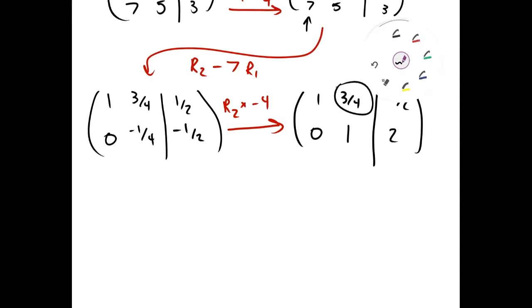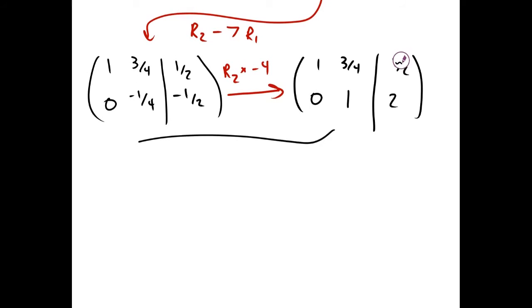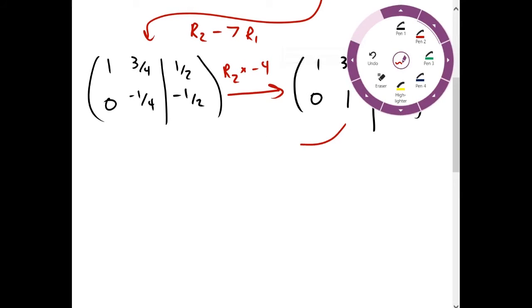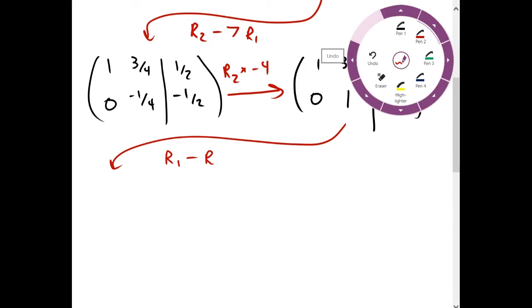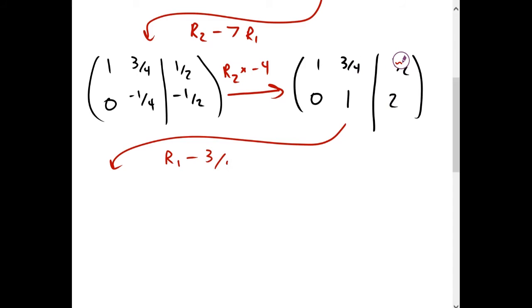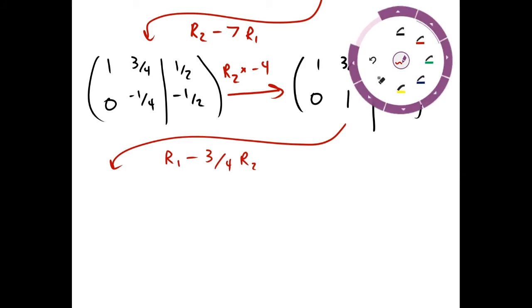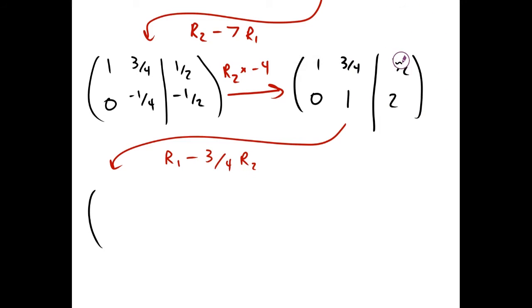So now we want to make this a 0, so we're going to do that by taking R1 and subtracting 3/4 of R2. And this gives us unchanged bottom row. The 1 here stays the same because we're adding 0 to it. We get a 0 here, and we get a negative 1 right here.